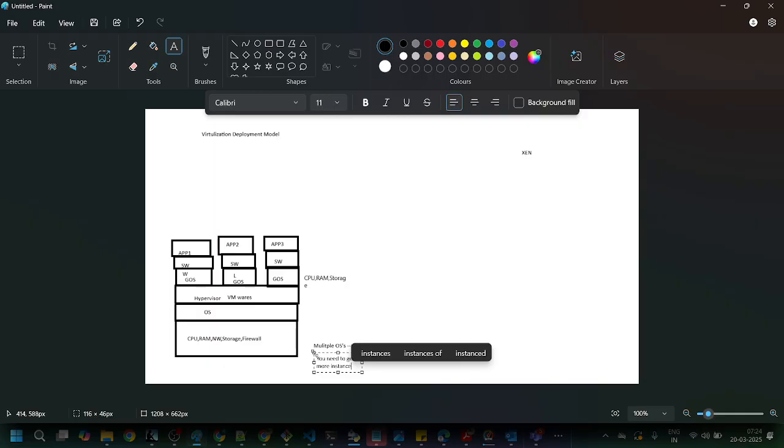You need to install the OS, install the software, and install the application. So how much time will it take? It will take around 30 minutes, for example.